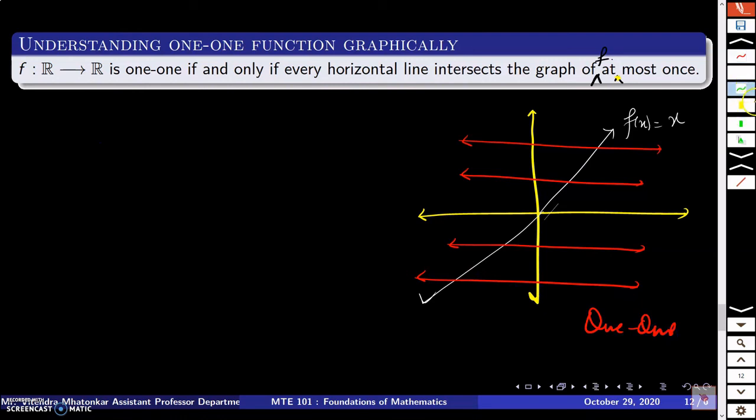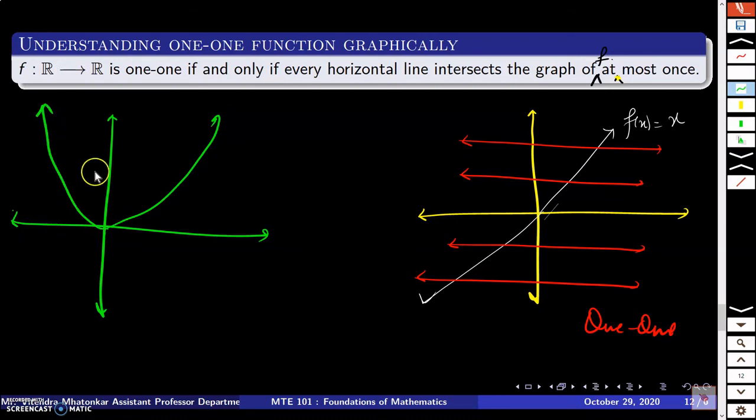But if you look at the function x squared, okay, this way and this way, there are so many horizontal lines anywhere you can draw above the x-axis, it will definitely cut the graph at 2 points.